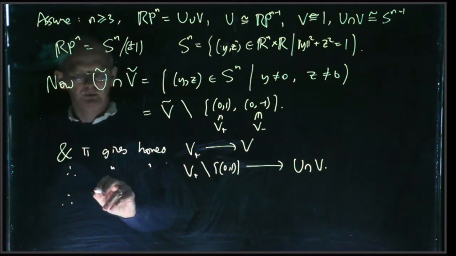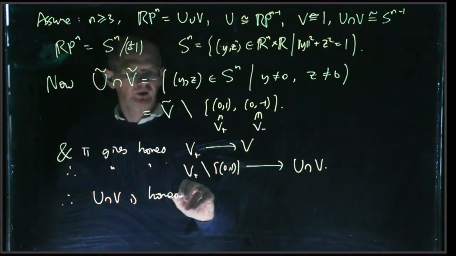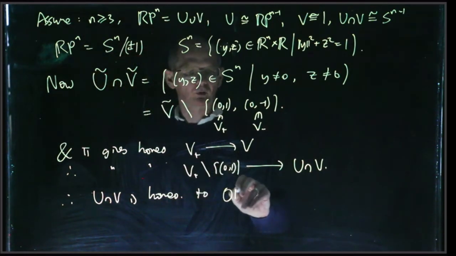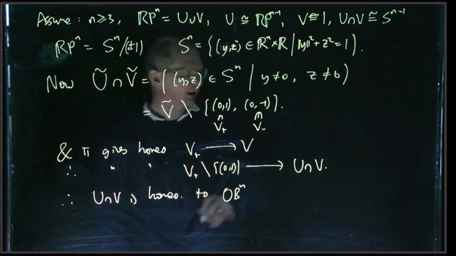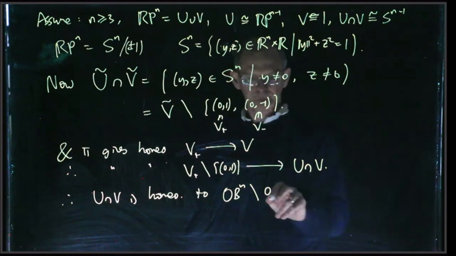So we find that U intersect V is homeomorphic to, well, remember our V plus was just the open ball in R^n, and then we just remove a single point.